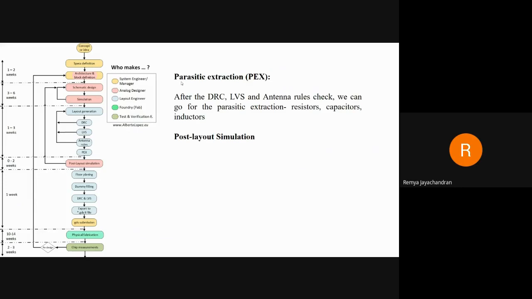If you want inductors, you can include those also. These components can also be included in the simulation. That will give you the actual result, the actual performance of that circuit. So after the parasitic extraction, we'll go for the post layout simulation.